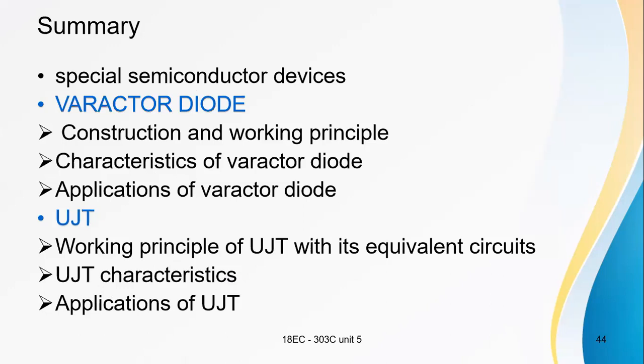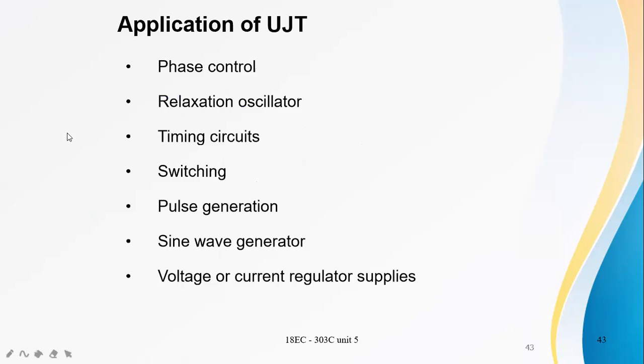And in the saturation region, the voltage and current are increasing. This is about the UJT characteristics. The applications of UJT: it is used in relaxation oscillators, phase control circuits, timing circuits, switching circuits, pulse generation, and sine wave generators. In all these cases, we can use this UJT.